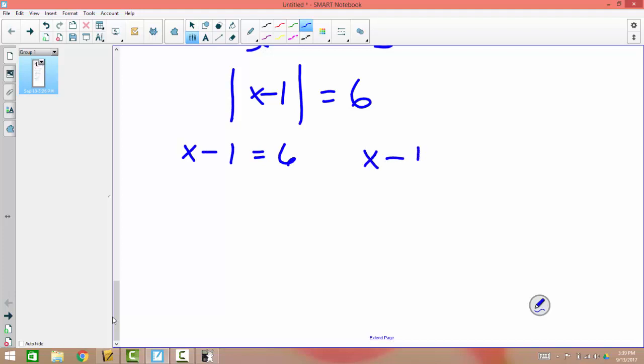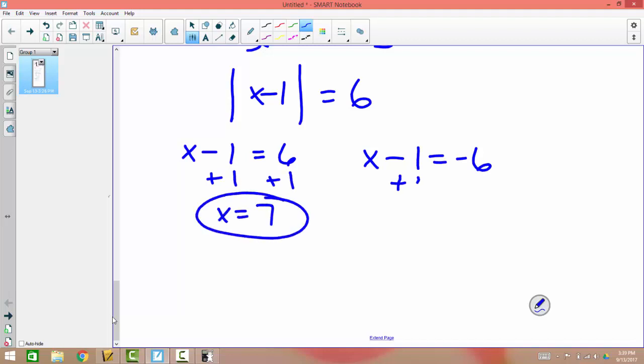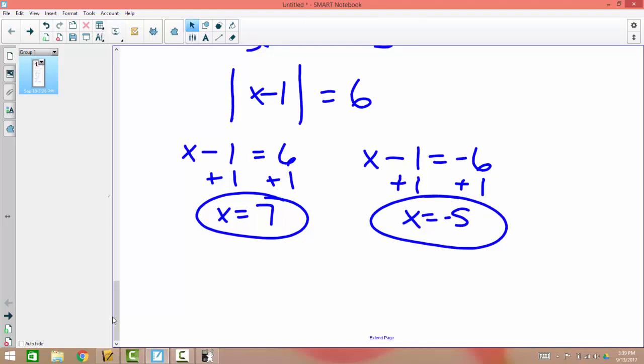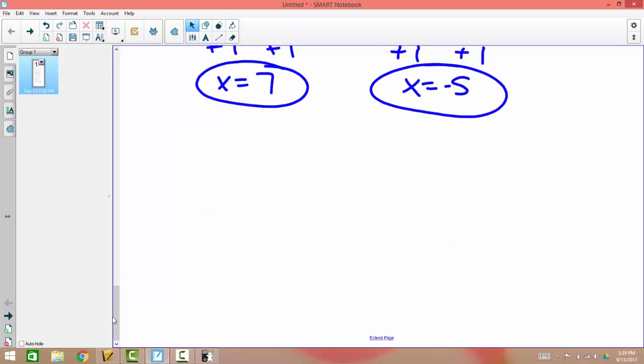You also have x minus 1 equaling negative 6. So you solve each of them and you're going to get two solutions for this problem. So both of those make that work. Feel free to plug them in and test them. I'm going to give you a couple sample problems to try and then we'll go over them.